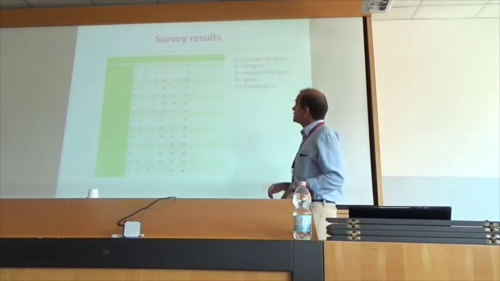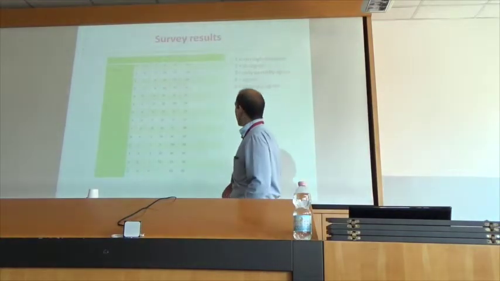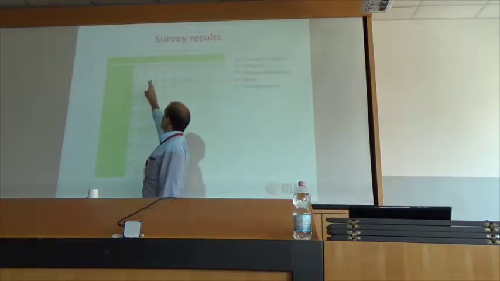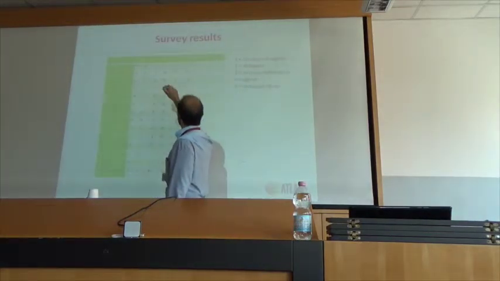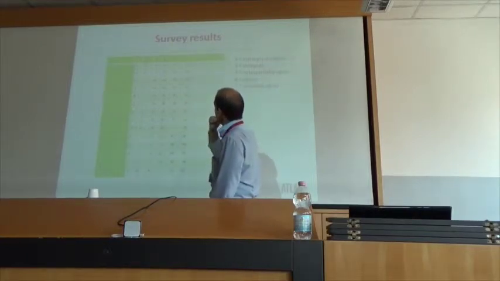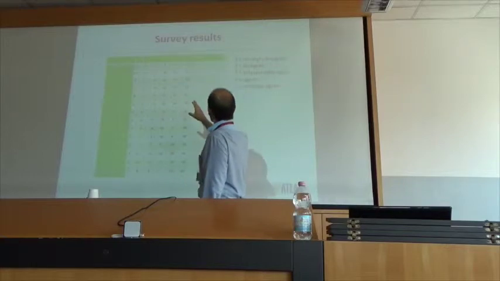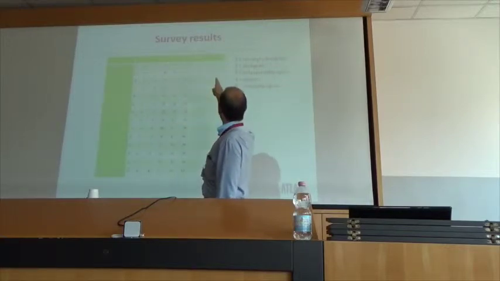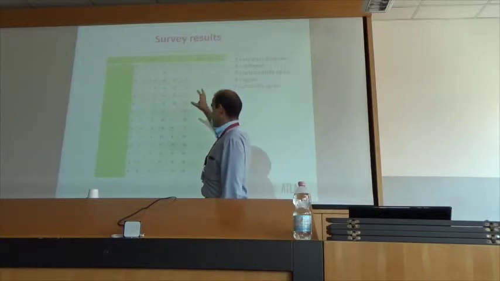Now the survey results show that the first row means that there were 26 students using PC and only 6 using smartphones, and then they could answer from 1 to 5. 1 was always strongly disagree, 5 is strongly agree with the different questions that were posed.